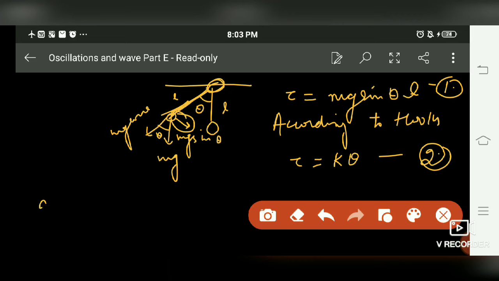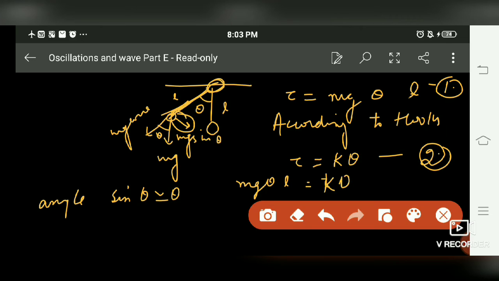If we consider the angle to be small, then sin theta is approximately equal to theta, and in this expression, instead of this we will get theta. Now comparing 1 and 2, you will get mg theta L is equal to k theta. Theta gets cancelled with theta.